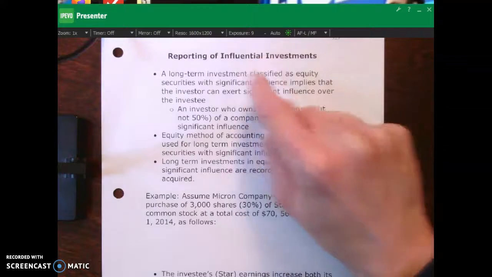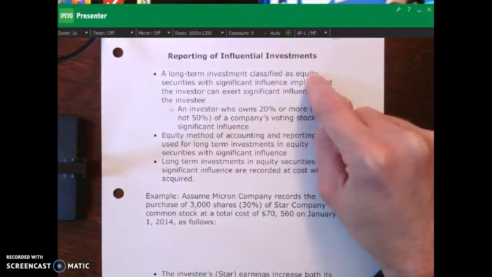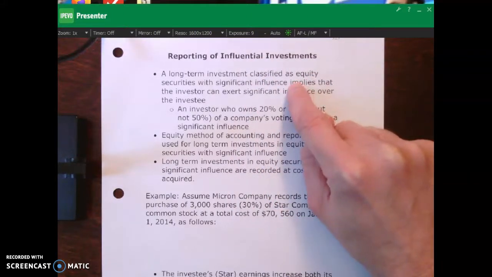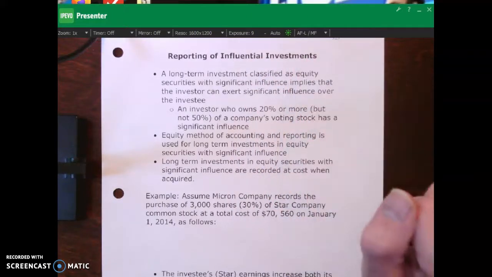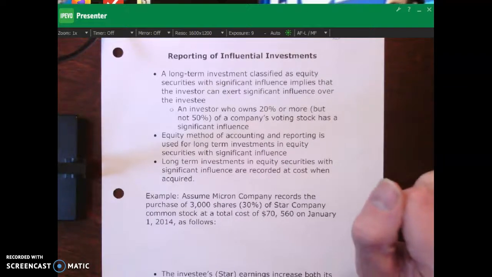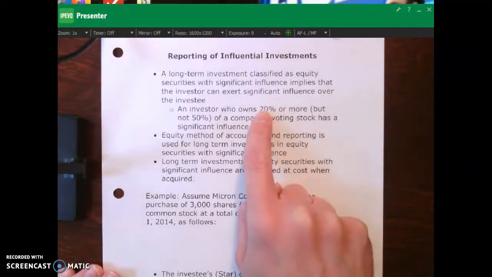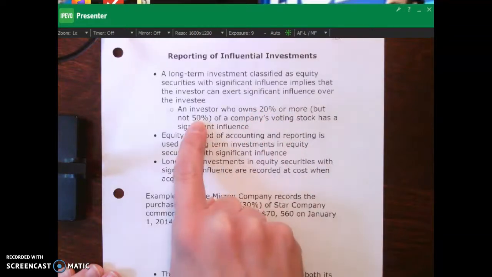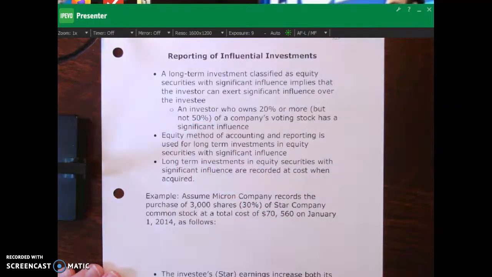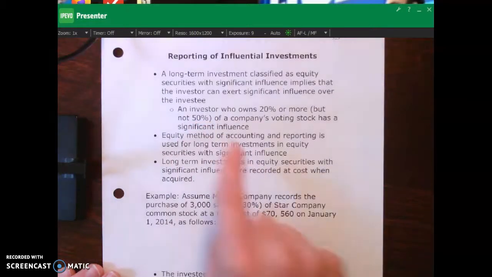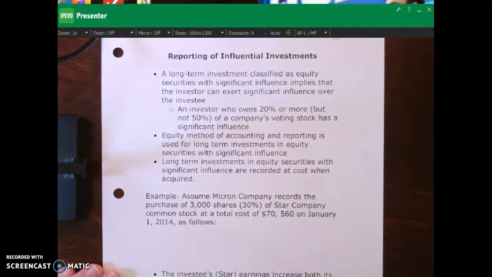That would mean that Music City has a significant influence over Dell. Okay, because remember, stock is ownership. So when we're talking about significant influence, we're saying an investor owns 20% or more, but not 50%. You get to that rate of 50%, then we're talking about controlling influence of a company's voting stock.